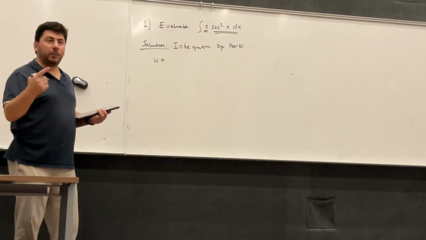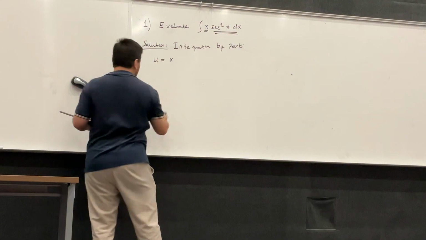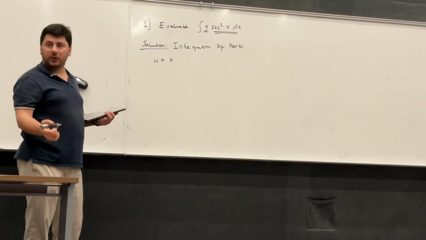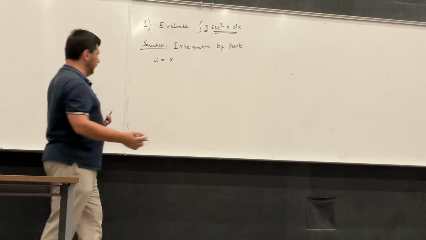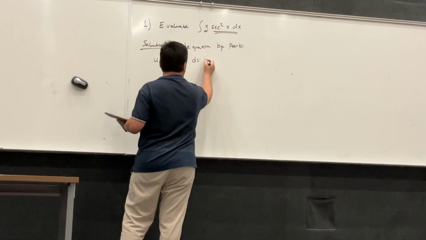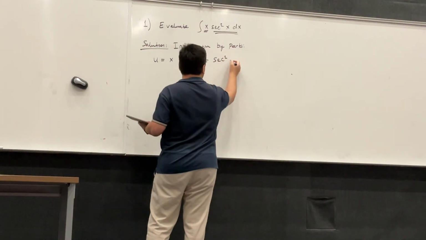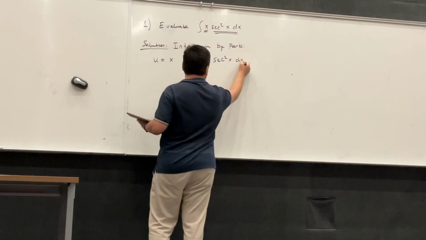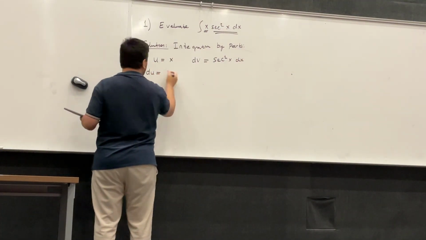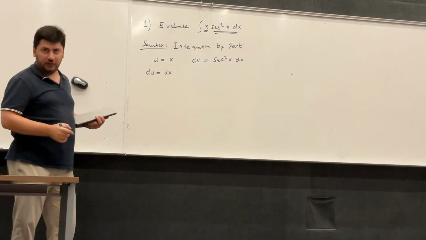So picking x as u will be helpful because the derivative of u is going to be dx. Very good. And for the dv, we are going to pick whatever remains, which is secant square x dx. So, in order to find du, I'm taking the derivative of the expression, which is just dx, right?